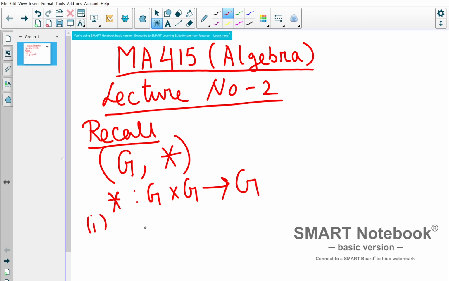I hope you remember: associative property, existence of identity, and for every element, existence of inverse. These three properties, then we call G a group.